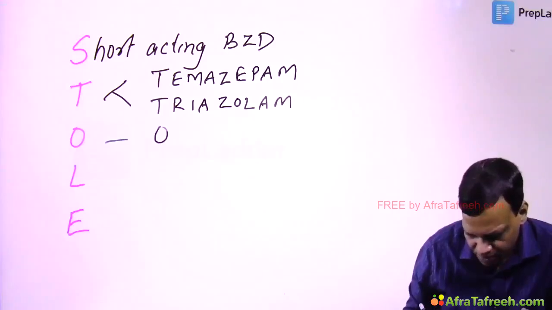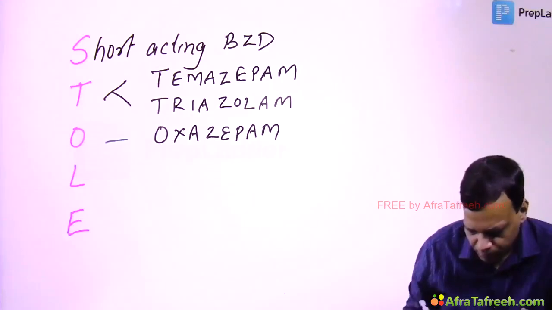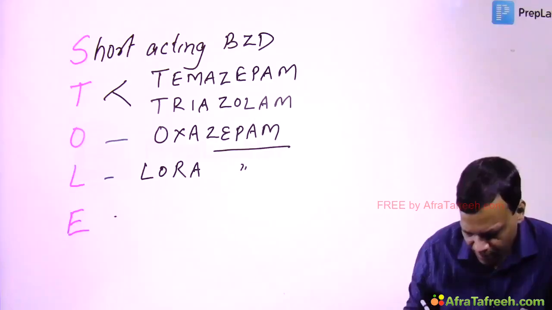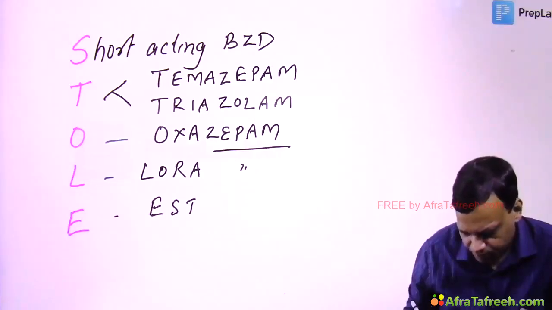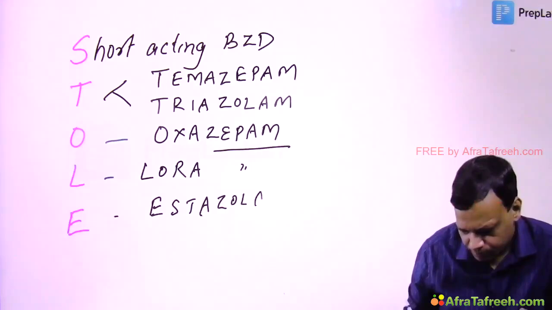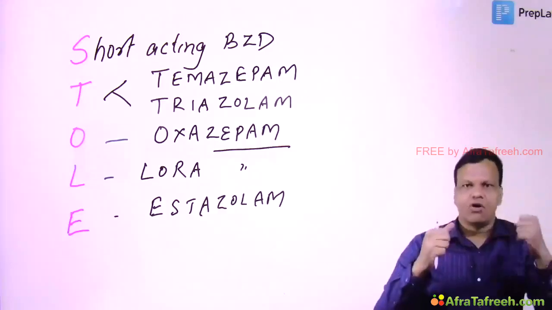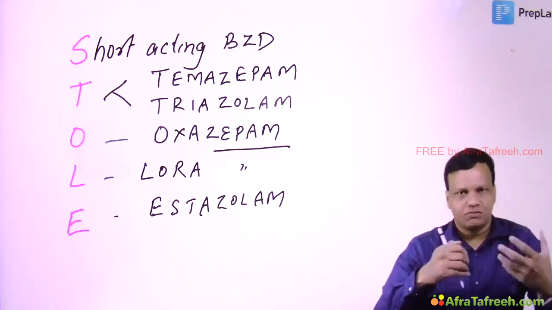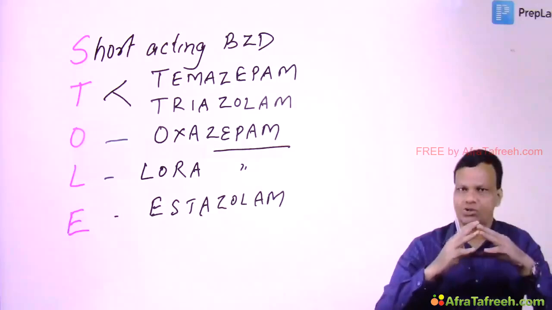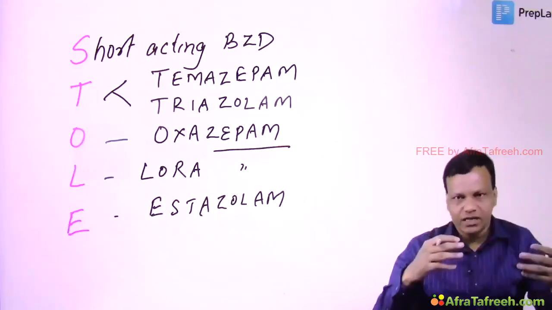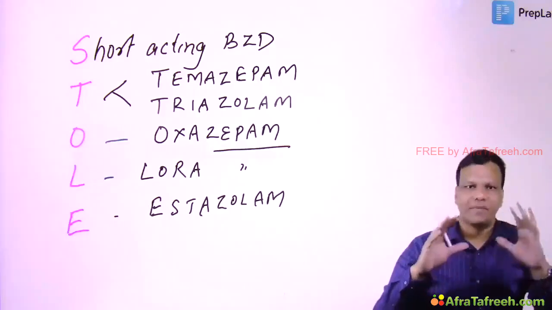Then we have oxazepam, lorazepam, and estazolam. So temazepam, triazolam, oxazepam, lorazepam, estazolam. These are short acting benzodiazepines. And why are they short acting? Because they do not produce active metabolite.